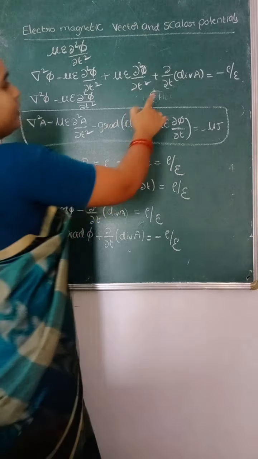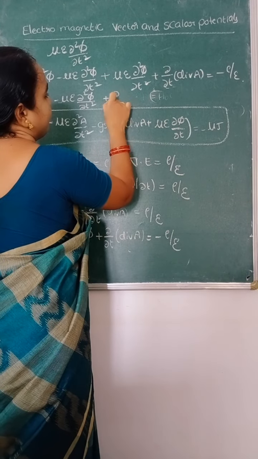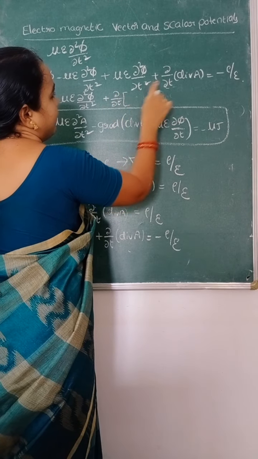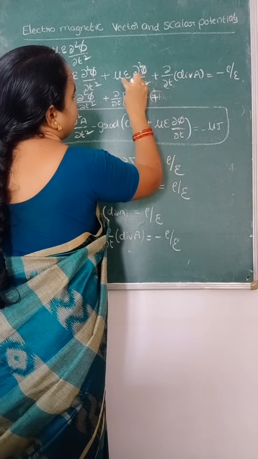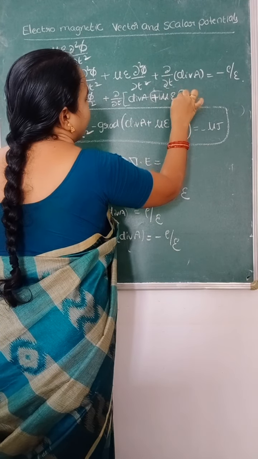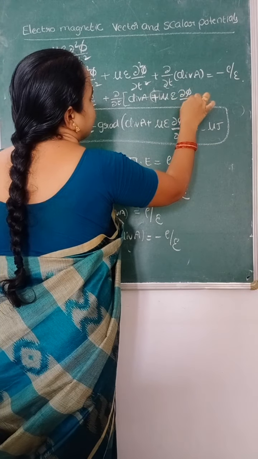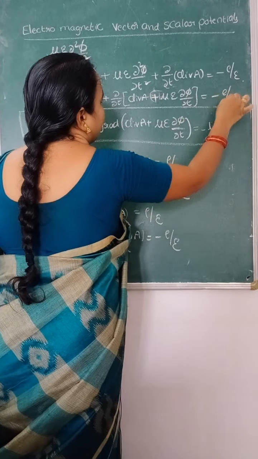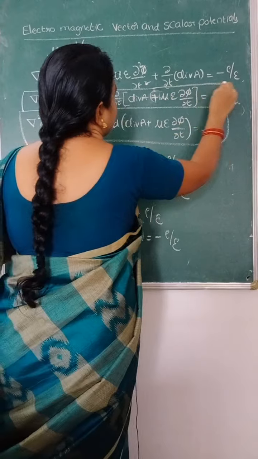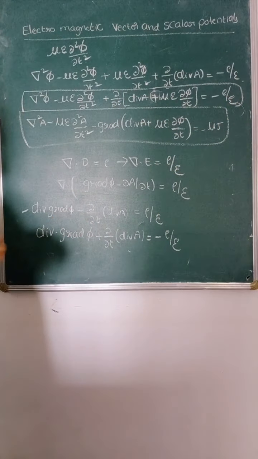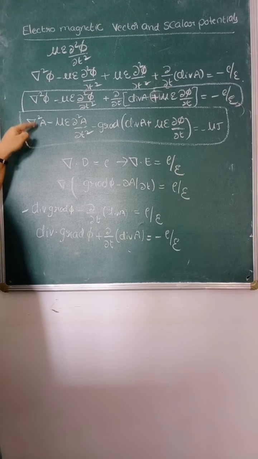If you take dou by dou t as common, the remaining term here is divergence of A plus mu epsilon dou phi by dou t is equal to minus rho by epsilon. These two equations are the second order differential equations in terms of A and phi.